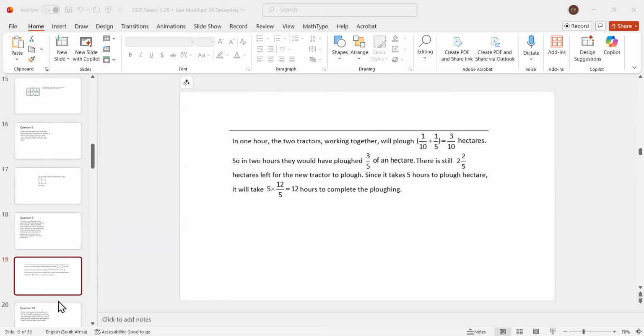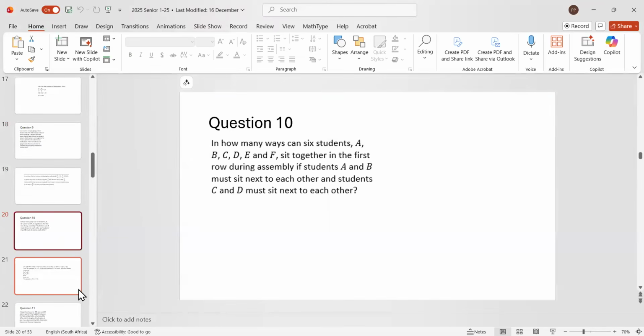Let's look at what question 10 is saying. Question 10 says, in how many ways can 6 students, A, B, C, D, E, F, sit together in the first row during assembly if students A and B must sit next to each other?